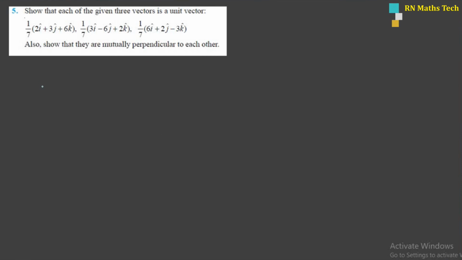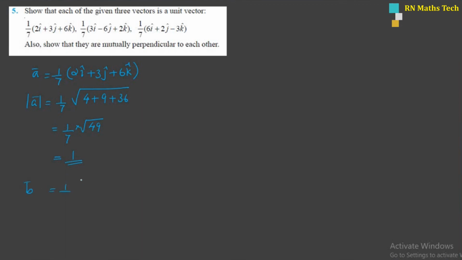So first, let a bar equal to 1 by 7 into 2i plus 3j plus 6k. Modulus of a bar equal to 1 by 7 root of 4 plus 9 plus 36, that is 1 by 7 into root of 49. So cancel, modulus of a bar is equal to 1.